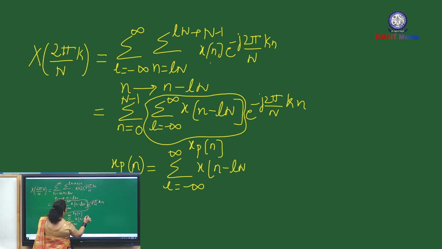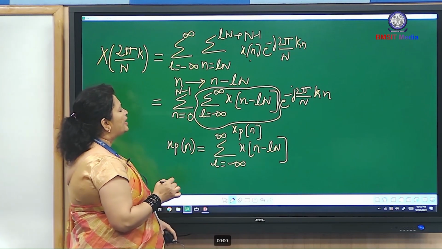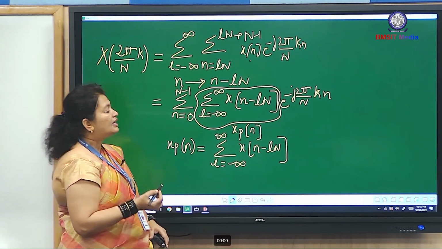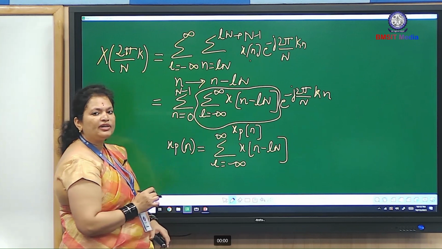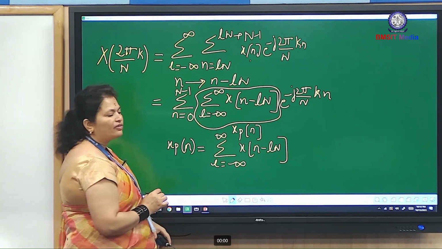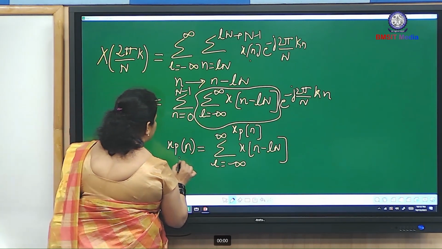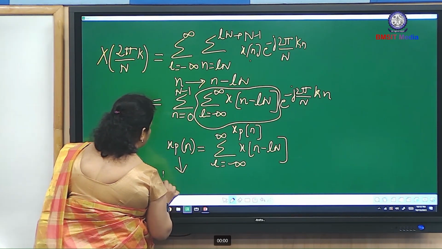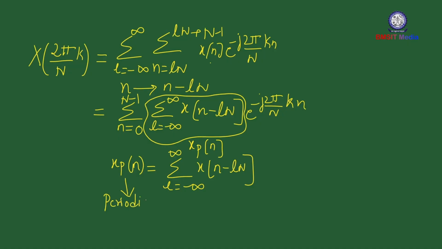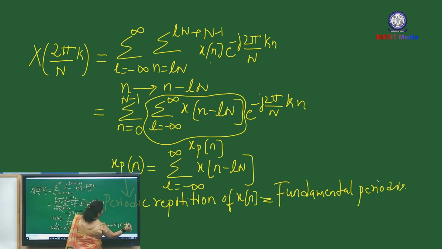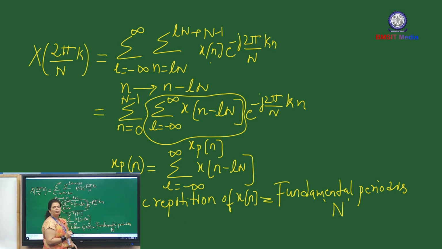So this is the periodic extension of x of n, and this repeats after every N samples. So the fundamental period of this xp of n is N. That means after every N samples, the signal is repeating.